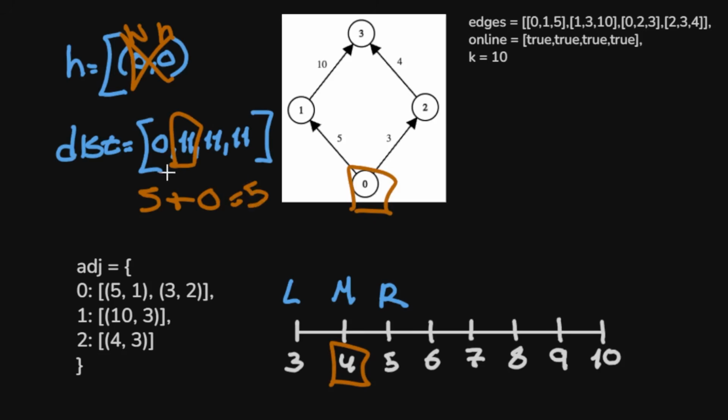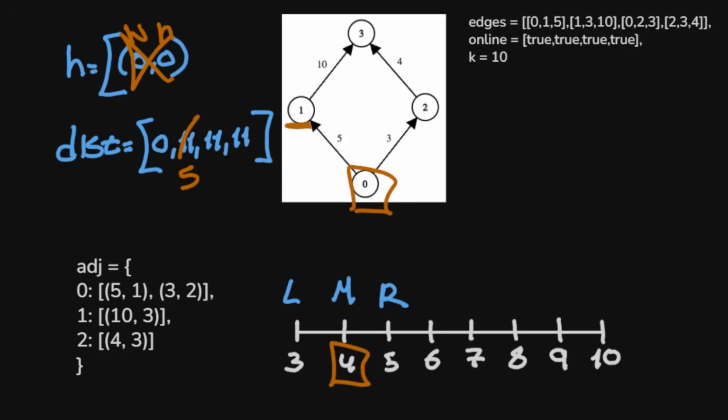Given that 5 is strictly smaller than distances at index 1, we can replace this number with 5. Okay? And just to be clear, this makes sense because 5 is smaller than k. If you decide to start with infinity everywhere here instead of k plus 1, you have to check that every accumulated weight is smaller or equal to k.